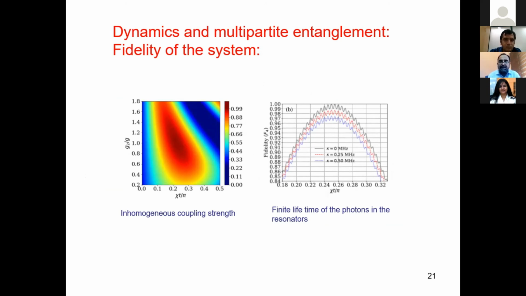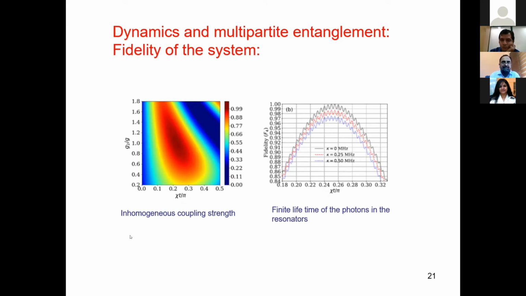Notice over here we have black, red, and blue curves. Black corresponds to kappa 0. So we obtain maximum fidelity over here, for example 1, for some value of interaction time. It goes down when we have kappa, for example, 0.25 megahertz or 0.5 megahertz. That is nothing but the damping of the field in the cavity. You might be wondering why there are oscillations here. Basically, a slight interaction can give rise to these oscillations.